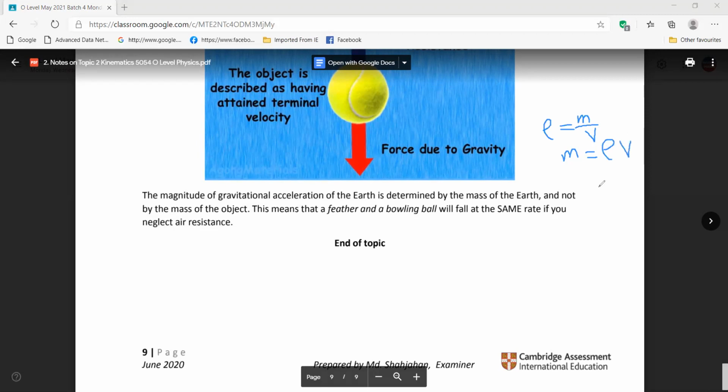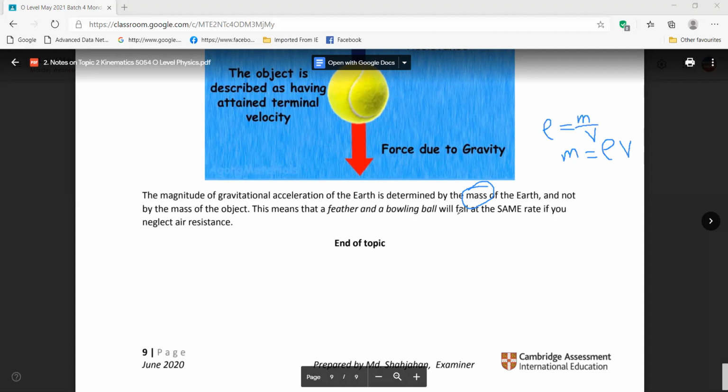Similarly for all the planets, all the heavenly bodies, all the satellites, the same rule applies. That is their mass. Their mass is the responsible thing for creating the gravitational acceleration. Okay, is it clear?